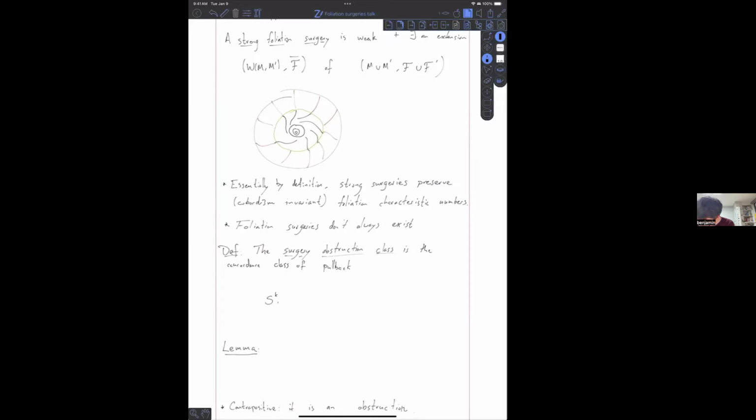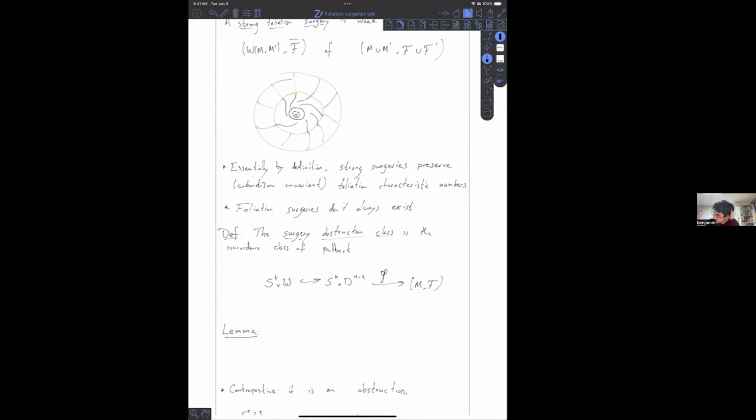We have S^k times 0, the core of our surgery, or our surgery region, however you call it. We have our foliation on F, and you pull it back to the sphere, and that class is the obstruction class.